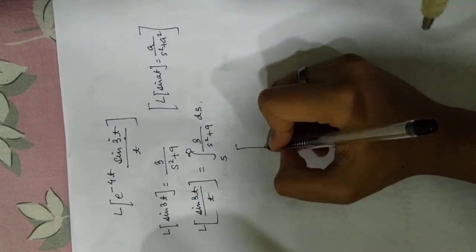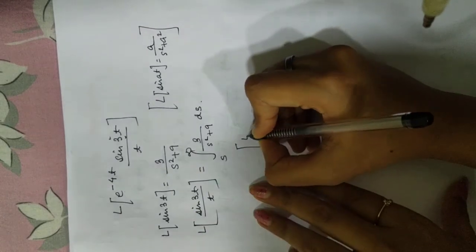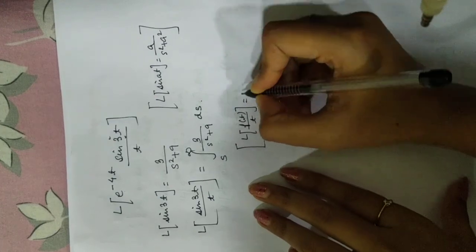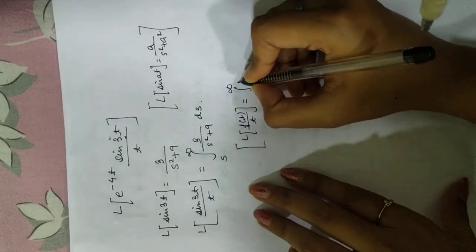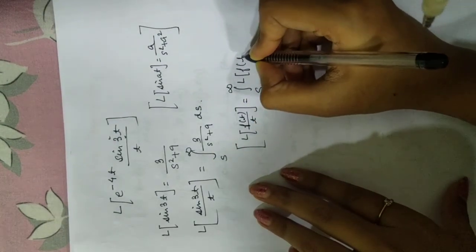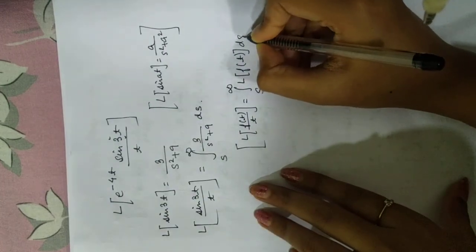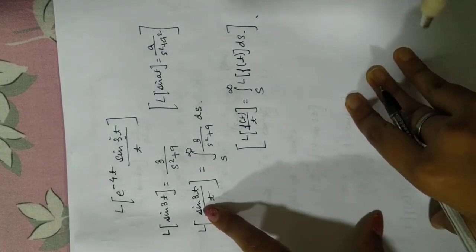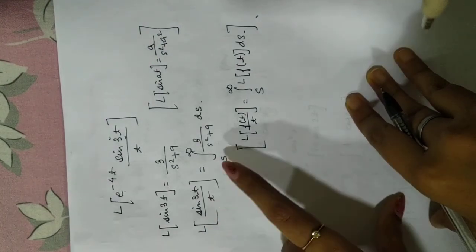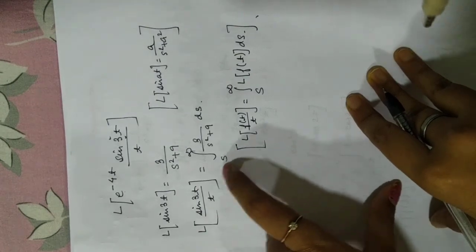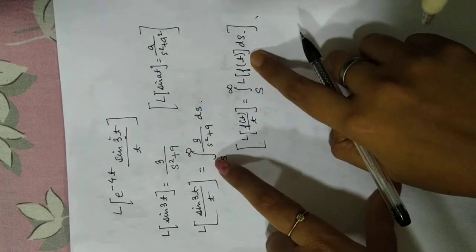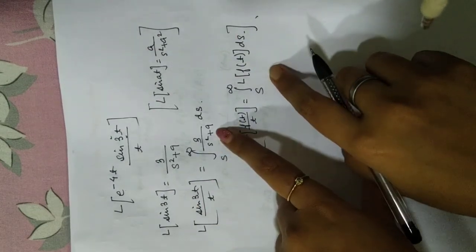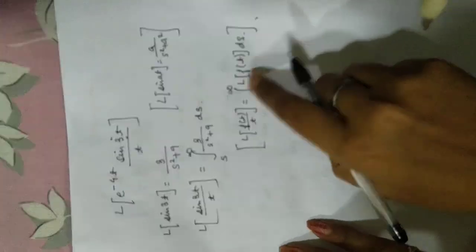So we get this from the theorem that we have proved just now, that is Laplace transform of f(t) by t is equal to integral from s to infinity of Laplace transform of the function f(t) ds. Just look at it, that is what we have done. That is Laplace transform of sine 3t by t is equal to the integral with the limit s to infinity of Laplace transform of f(t), that is Laplace transform of sine 3t, that is 3 divided by s square plus 9 ds, right? So just a simple step.